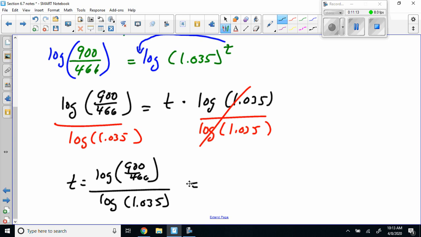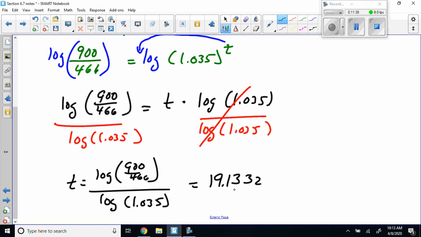Now I would do the log of 900 over 46, hit enter, and then divide by the log of 1.035. And in doing that, we get a time of 19.1332. Now, that's years, right?